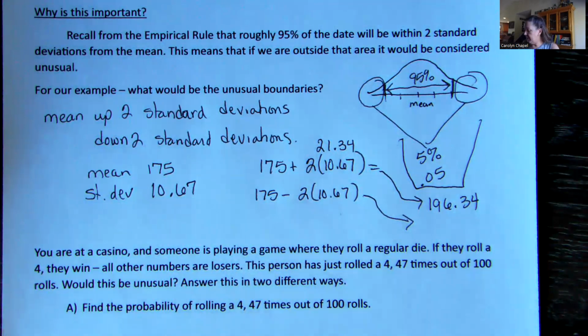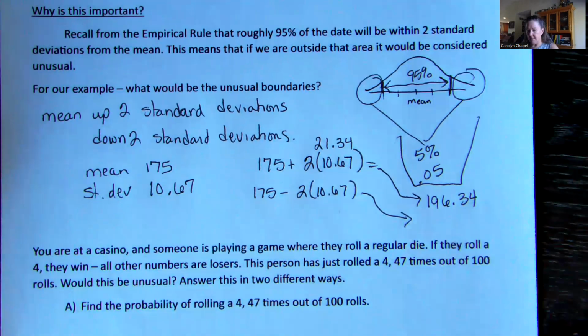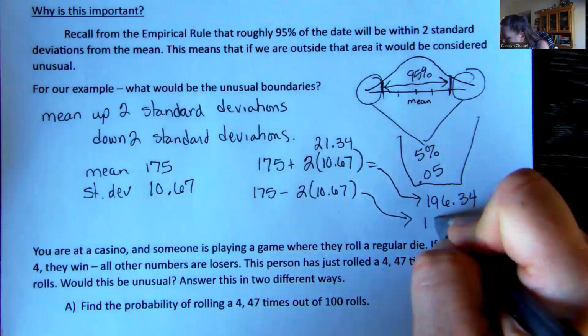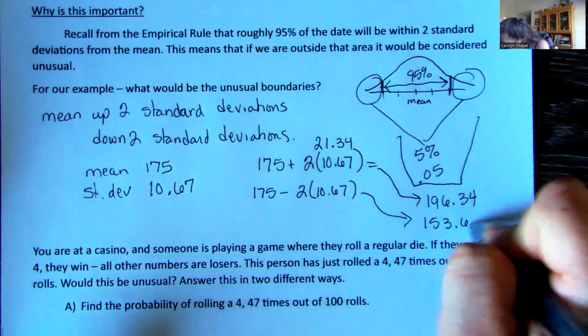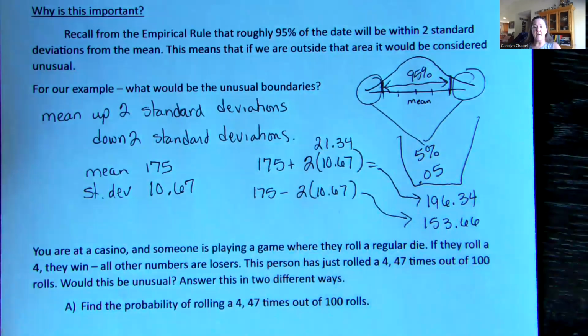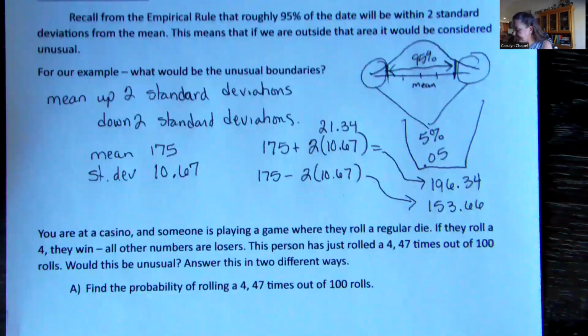That would be unusual because it's more than this 196. If I went the other direction, 153.66 is if I subtracted. So if I told you that fewer than 100 people thought purple was best, that would also have been unusual. Okay, an example of where you might see this.